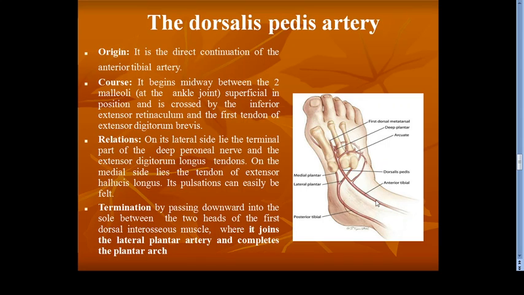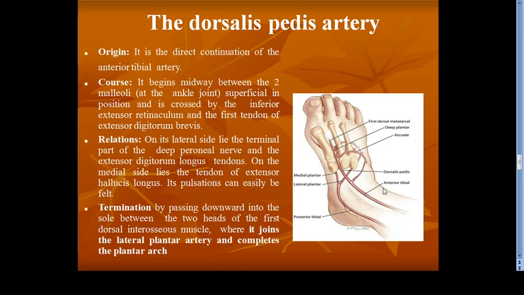As this artery descends between the two malleoli, that is the lateral and medial malleoli, superficial in position, it is crossed by the inferior extensor retinaculum and the first tendon of the extensor digitorum brevis.